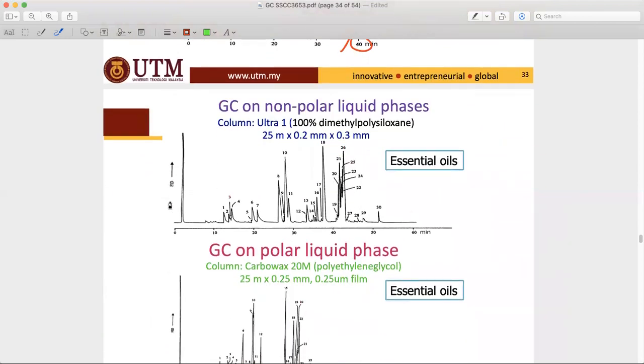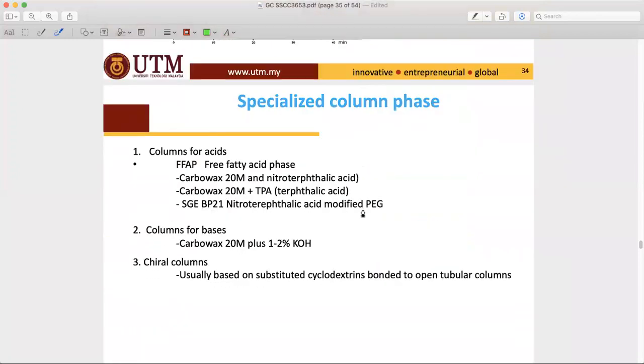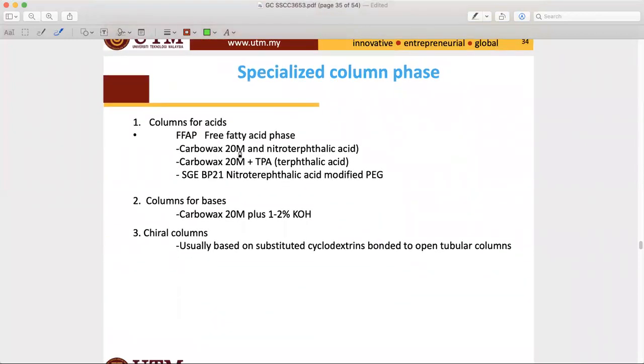Okay. So these are other examples, of essential oils and other compounds as well. So this is the essential oil analysis using a polar liquid. There are also columns specified for acids and specified for bases. There's also a chiral column. These are specialized columns.